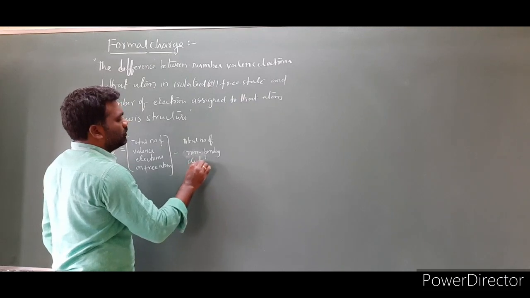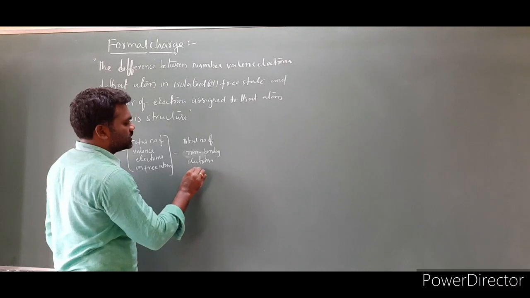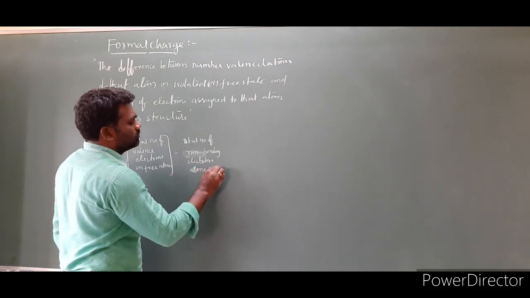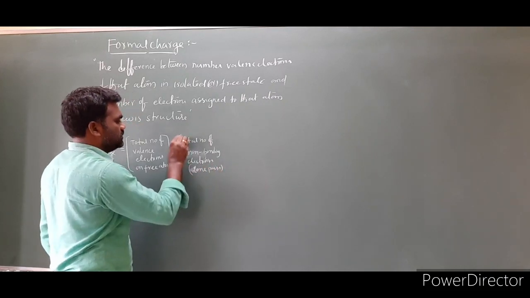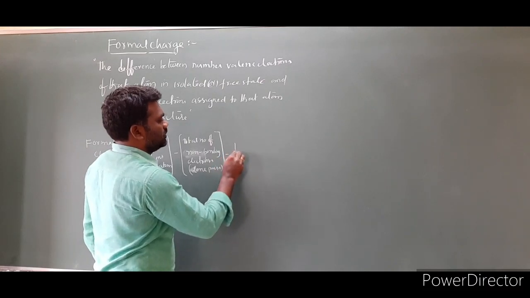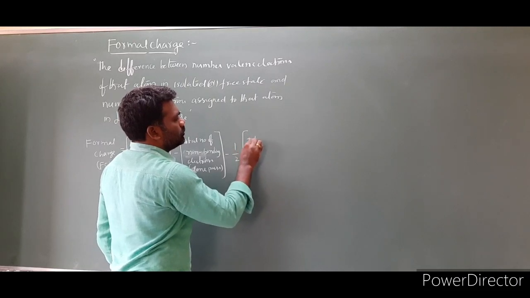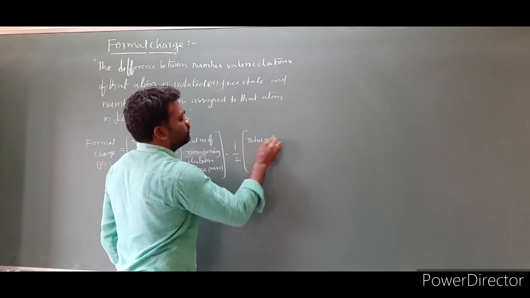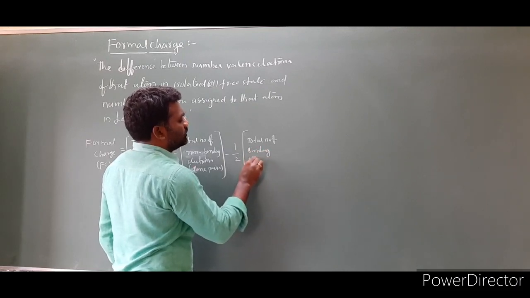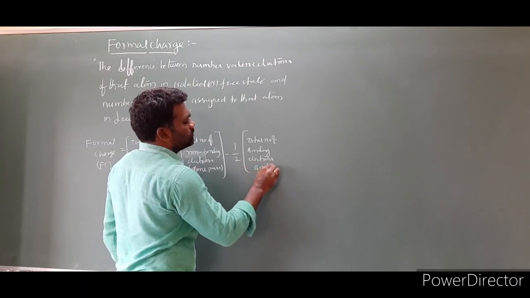Total number of non-bonding electrons, nothing but lone pairs electrons, minus half into total number of bonding electrons, nothing but bond pairs.